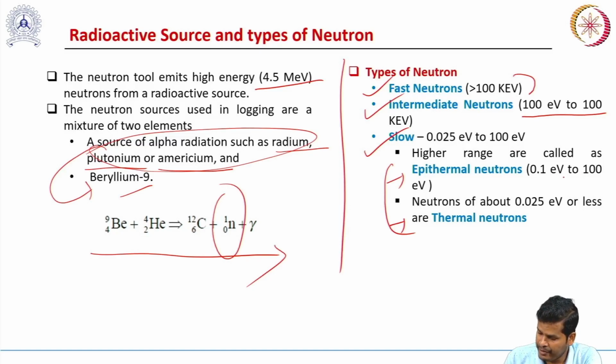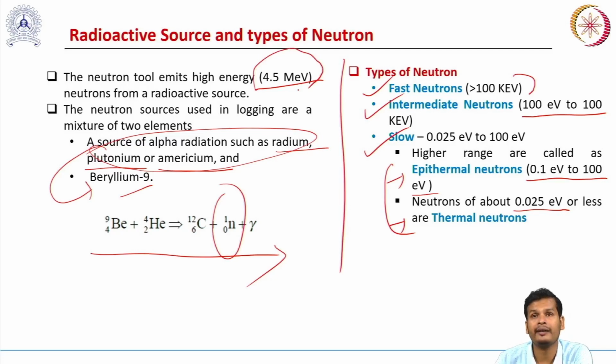Epithermal neutrons have energy from 0.1 electron volt to 100 electron volt, whereas thermal neutrons have energy of 0.025 electron volt or less. It is fast neutrons which are emitted from the neutron logging tool, because the source emits neutrons with energy around 4.5 mega electron volt.